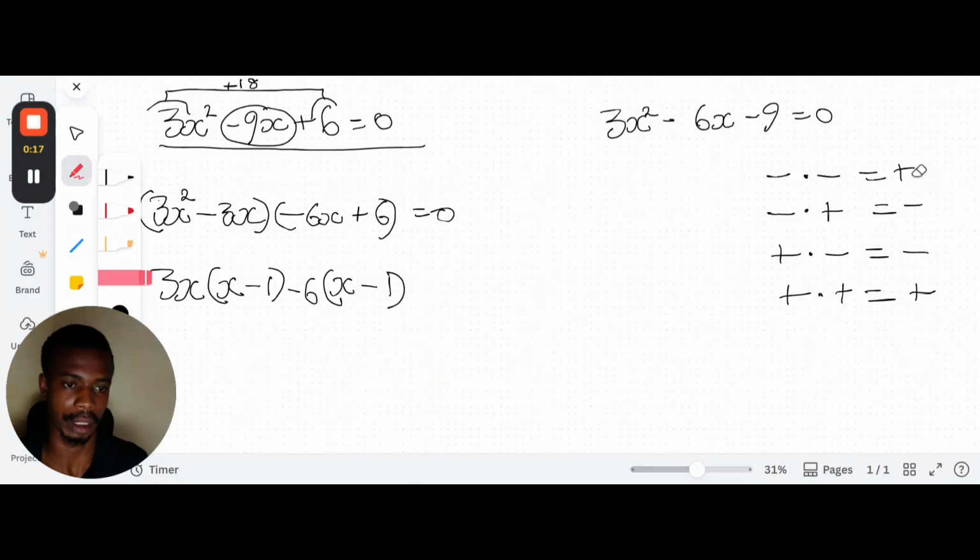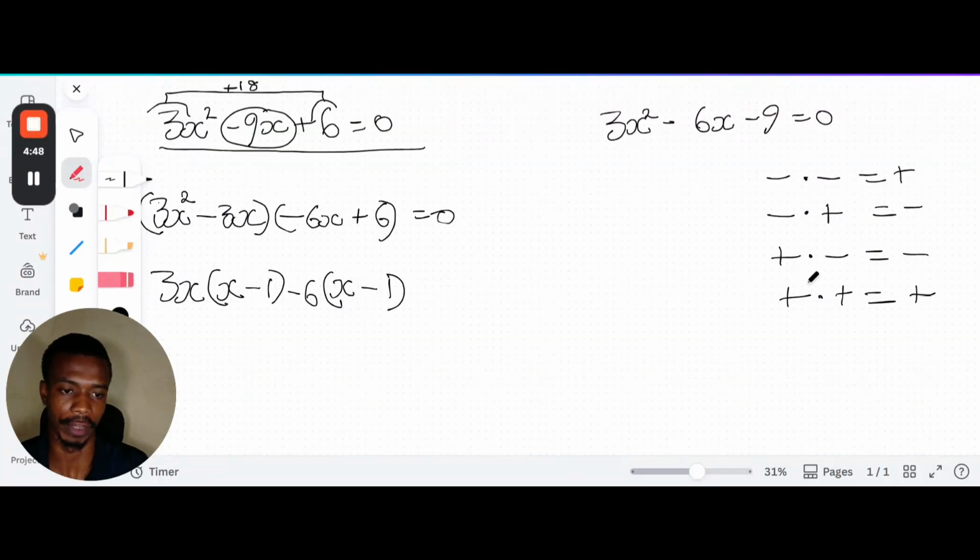Minus times minus is plus, and minus divided by minus is plus. Minus times plus, minus divided by plus is still the same thing. Plus times plus or plus divided by plus is still the same thing. So plus 6 divided by minus 6 is going to give us minus 1, because plus divided by minus is going to give us minus. 6 divided by 6 is 1. Plus divided by minus, or plus times minus, is still minus.